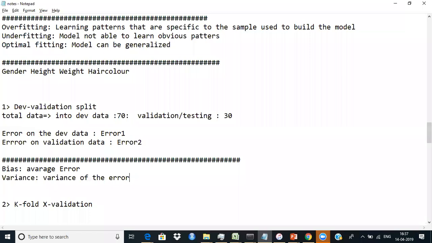Variance is a square number, so it will always be positive. Okay, so you will say that it is overfitting if the bias is really low and the variance is very high, right? Why do I say that?